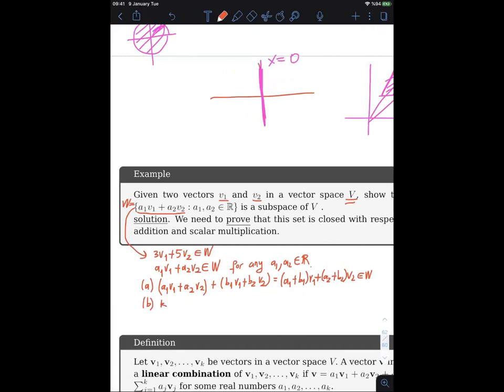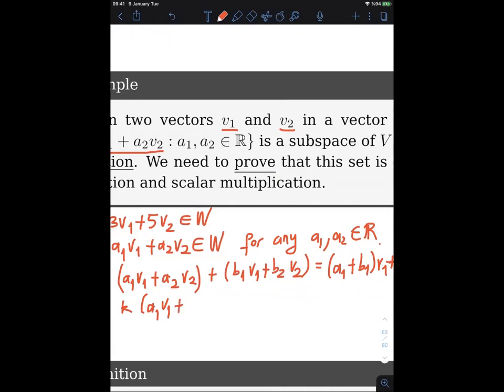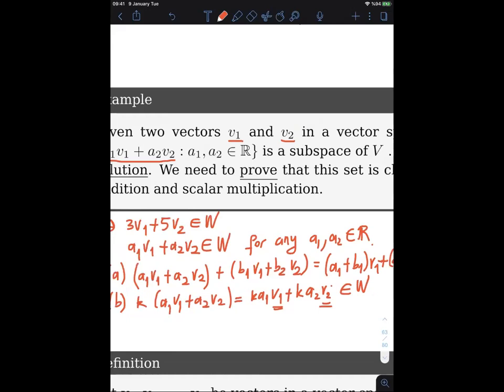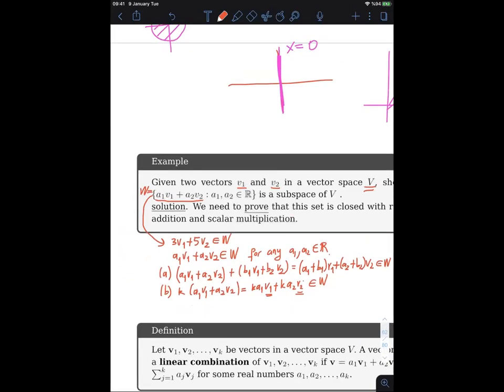If I multiply a vector in this set with a scalar like k, then what is the result? The result is ka1v1 plus ka2v2. So this is still of the same form. So this is an element of W because it's some number times v1 plus some number times v2. So if these two properties are satisfied, then we say yes, this is a subspace.